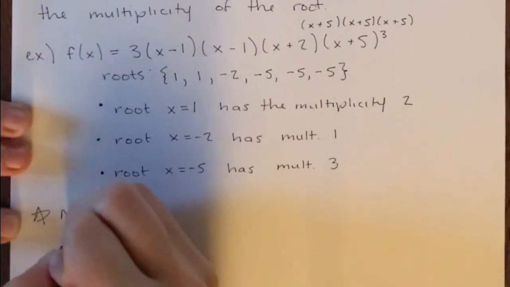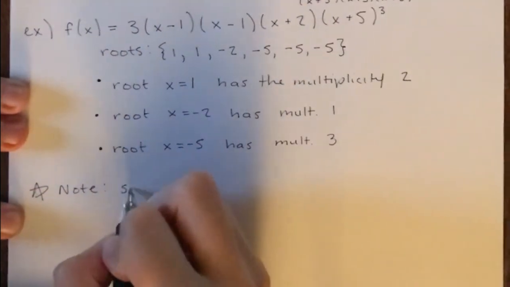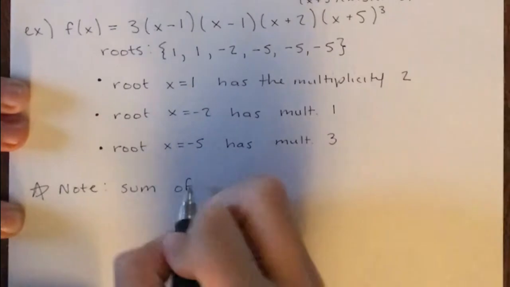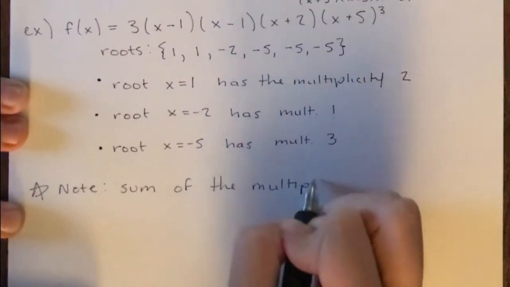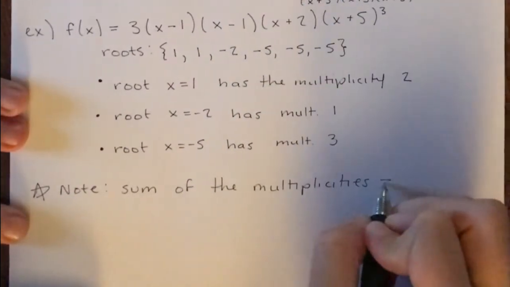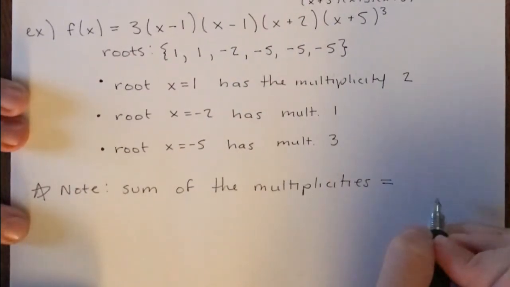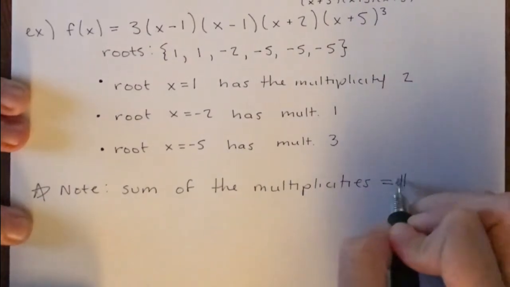So what can we say about the sum of the multiplicities? The sum of the multiplicities is equal to, well, the total number of roots.